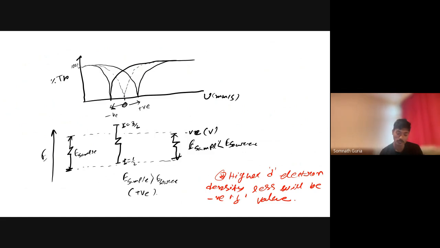In the d5 system we have fewer d electrons, so there is less shielding, and the interaction of the s orbital at the nucleus will be higher than in the iron 2 system. In that situation, my psi square value will be high, and the initial value is negative, so iron 3 will have a high negative delta value.